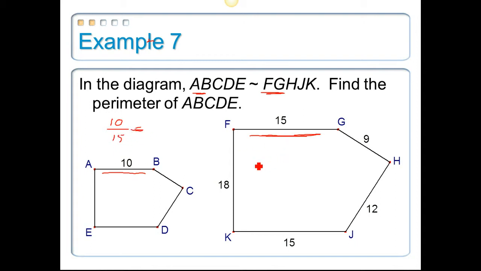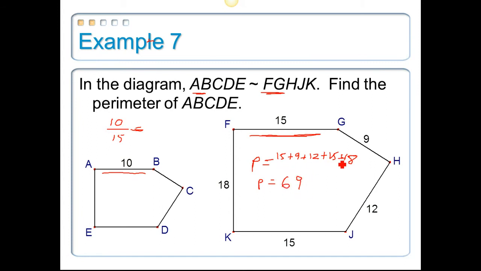Now we can get the perimeter of this big one here. It's 15 plus 9 plus 12 plus 15 and then plus 18. Okay? And so that perimeter, if we do a quick calculation here, is 30, and 30 is 60, looks like 69.